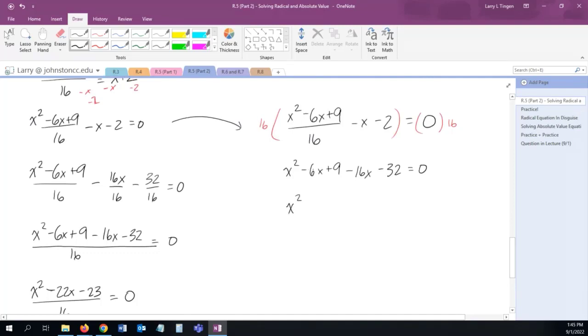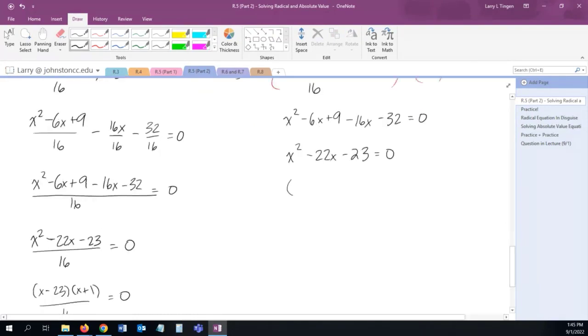X squared, negative 6x minus 16x is the negative 22x. 9 minus 32 is negative, I did it again, negative 23. Factored, minus 23 and plus 1.